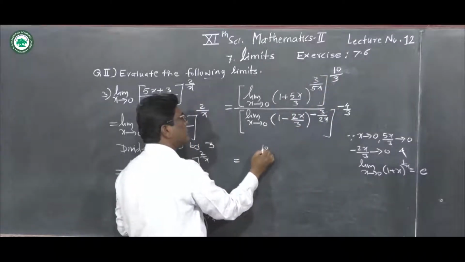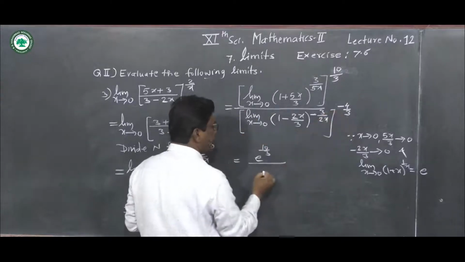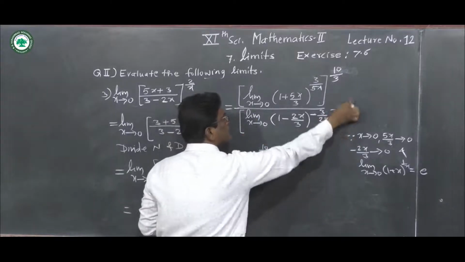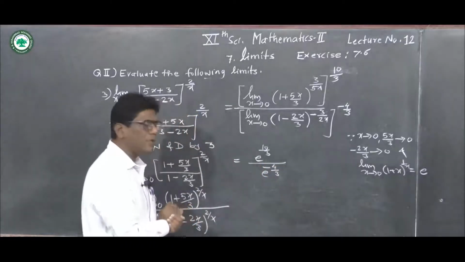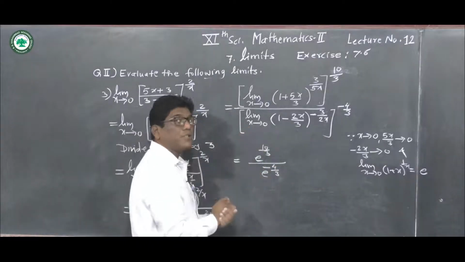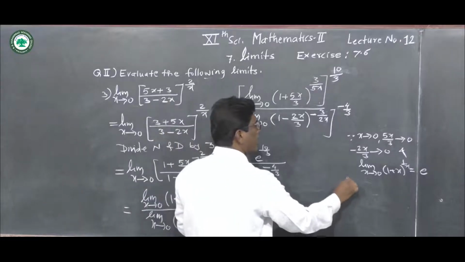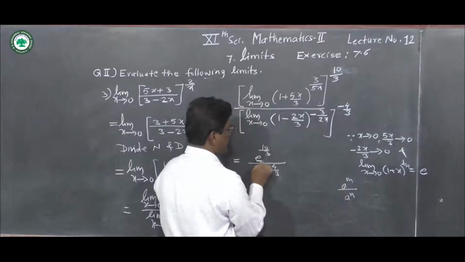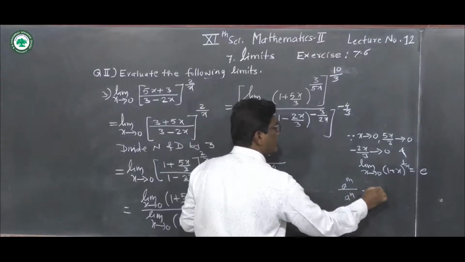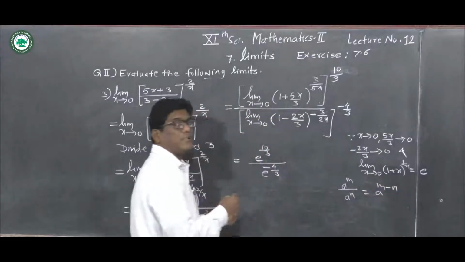So here e to the power 10 upon 3 divided by this square bracket, which is e to the power minus 4 upon 3. Now shift this power to the numerator using the rule of indices, that is a to the power m divided by a to the power n. Here the base is the same, so it is a to the power m, and we carry this n to the numerator, take minus.